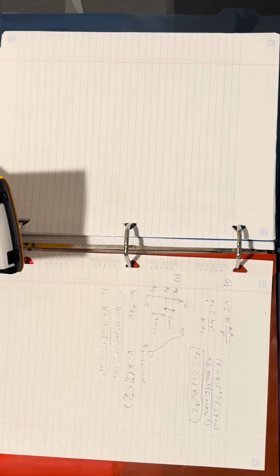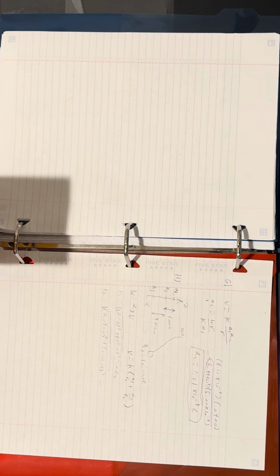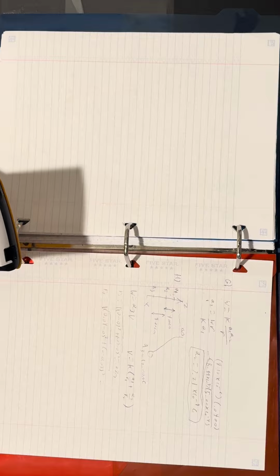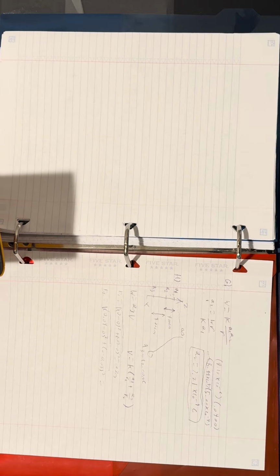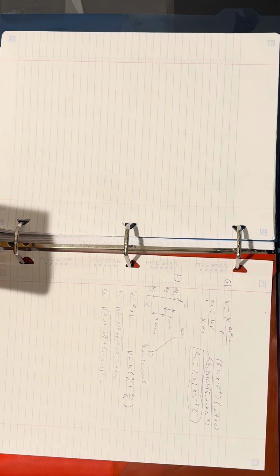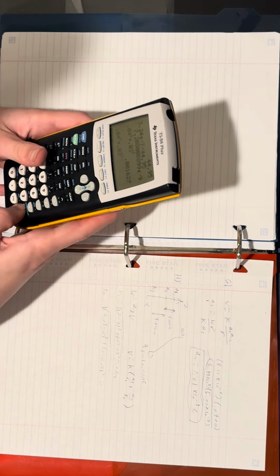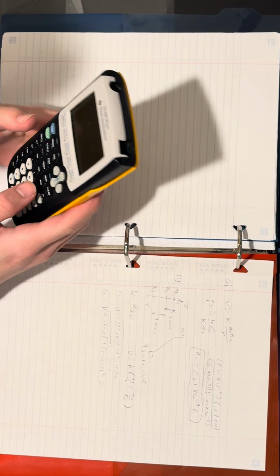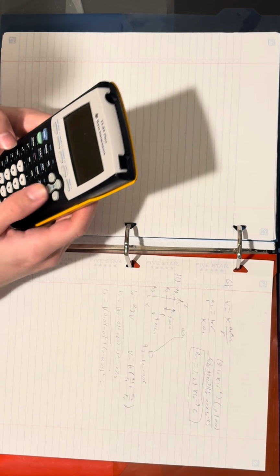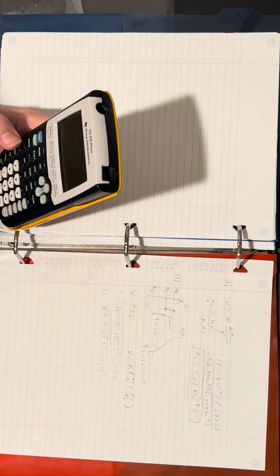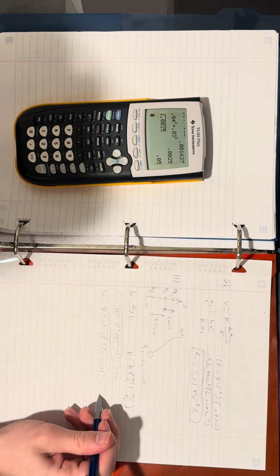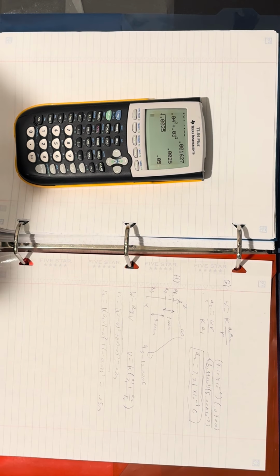I don't even have to put the negative because it's squared. This gives us 0.05 meters.